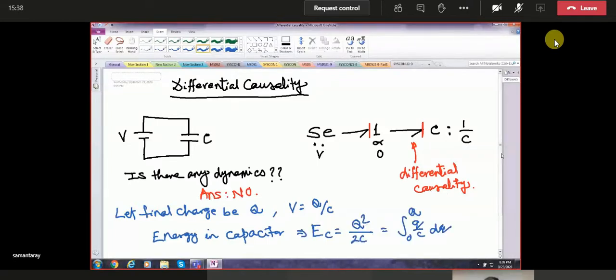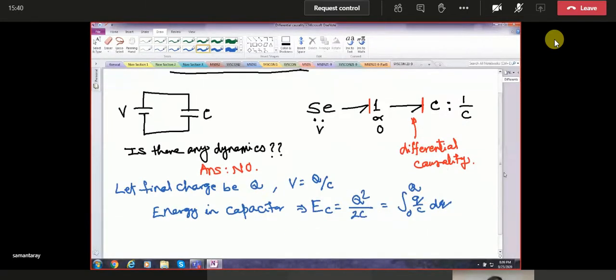Now let's see what is the energy given by the cell. That is integral of E i dt, from 0 to infinity, whatever time. So we have basically E constant, dq from 0 to Q. We can change that variable.